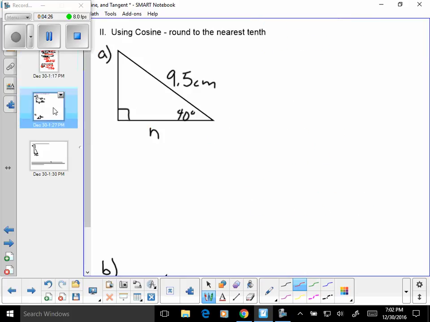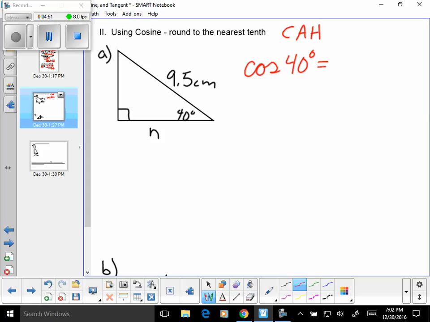The cosine is going to be pretty similar, although remember, cosine, it's SOHCAH, so we need adjacent and we need hypotenuse. In A, we can clearly see that we have an adjacent side and we have a hypotenuse to our 40-degree angle. So I'm going to use the cosine of 40 degrees.